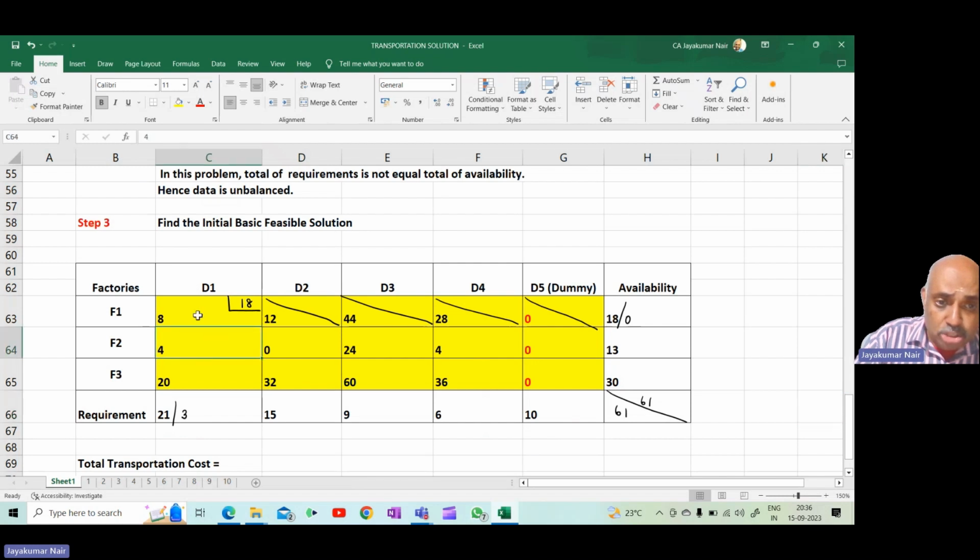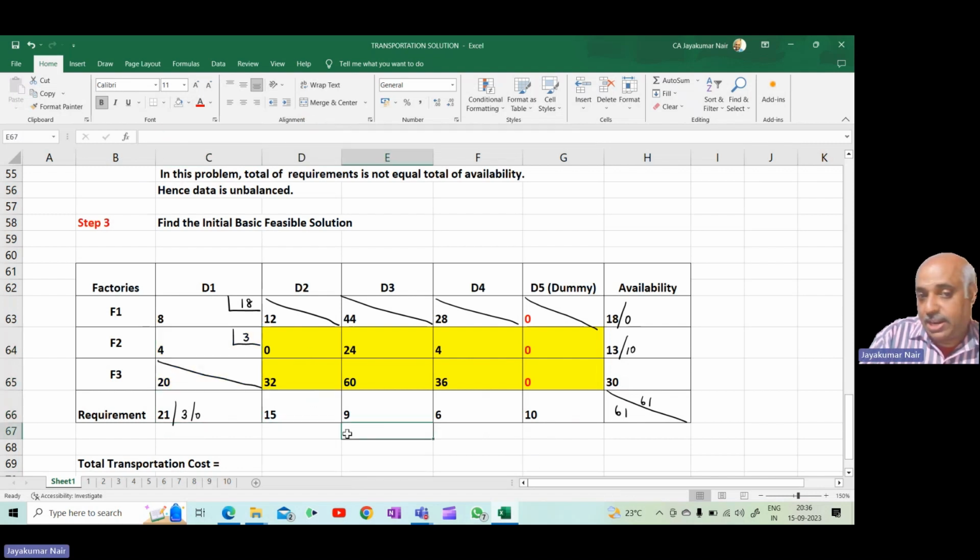So the cost matrix now, what is available is this one. In this, the topmost corner cell is this one. You have 13 as the availability, 3 as the requirement, lower of the 2 is 3. So this gets reduced to 10 and this becomes 0. Since this particular column has become 0, you have to cancel out this particular column. So no more allocation to this particular destination.